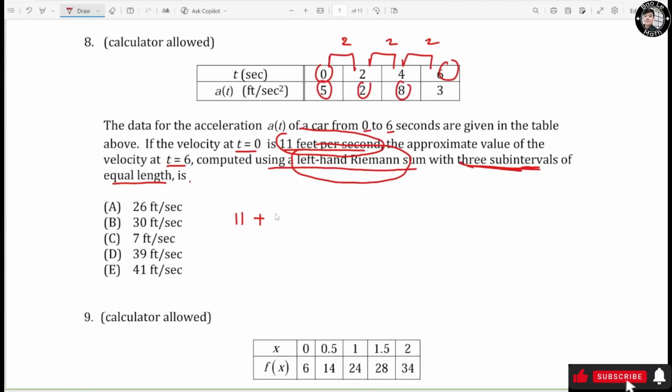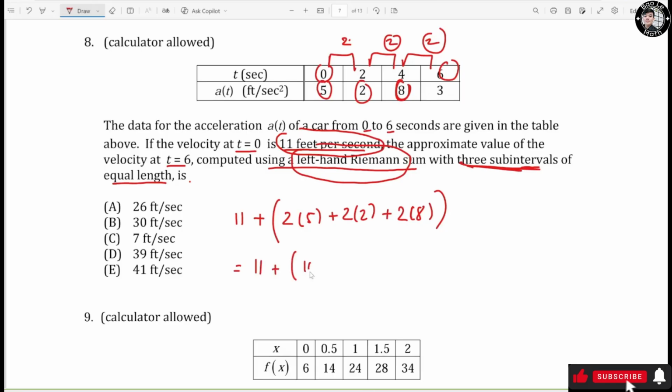So you need to multiply 2 by 5, plus 2 by 2 right here, plus 2 times 8. Alright, so it will be 11 plus 10 plus 4 plus 16, right? So it will be 11 plus 30, and it will be 41. The answer must be E.